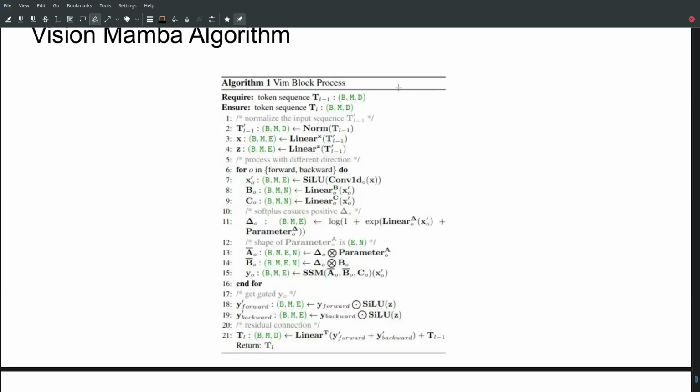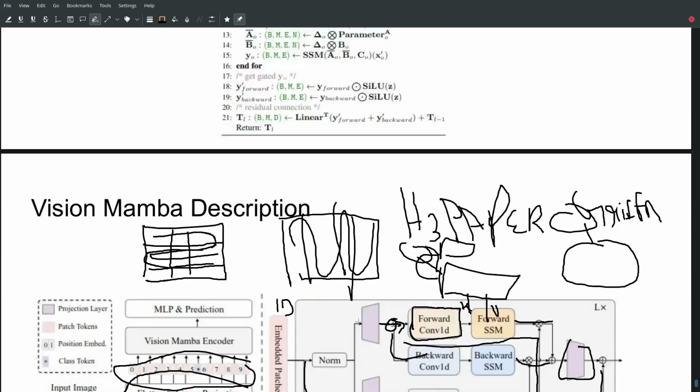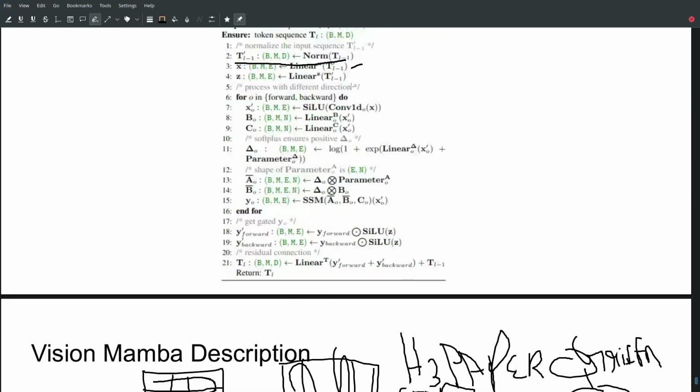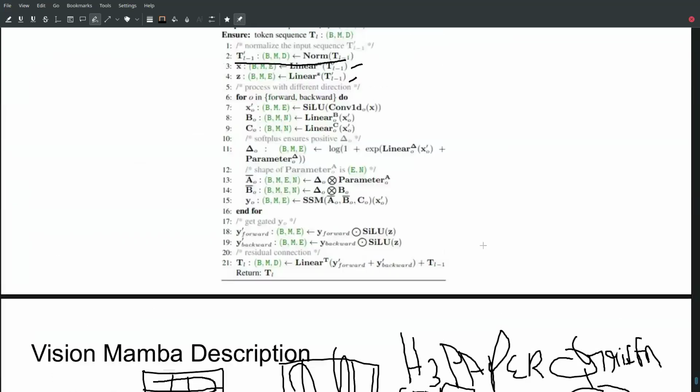This is the Vision Mamba algorithm. First, you normalize it and convert it into a linear projection, and the Z will also be a linear projection with an activation. Now for the forward layer, you apply SiLU convolution, linear projection, and linear projection.